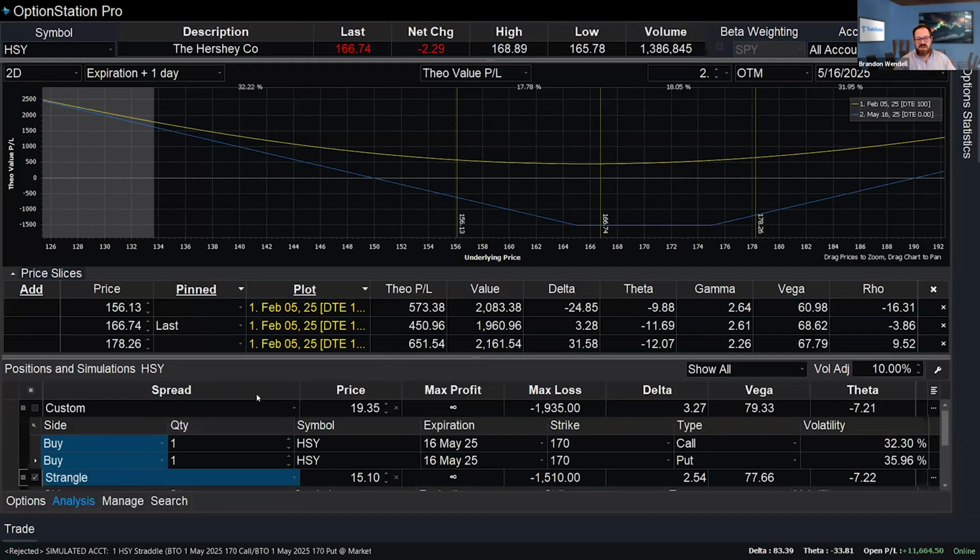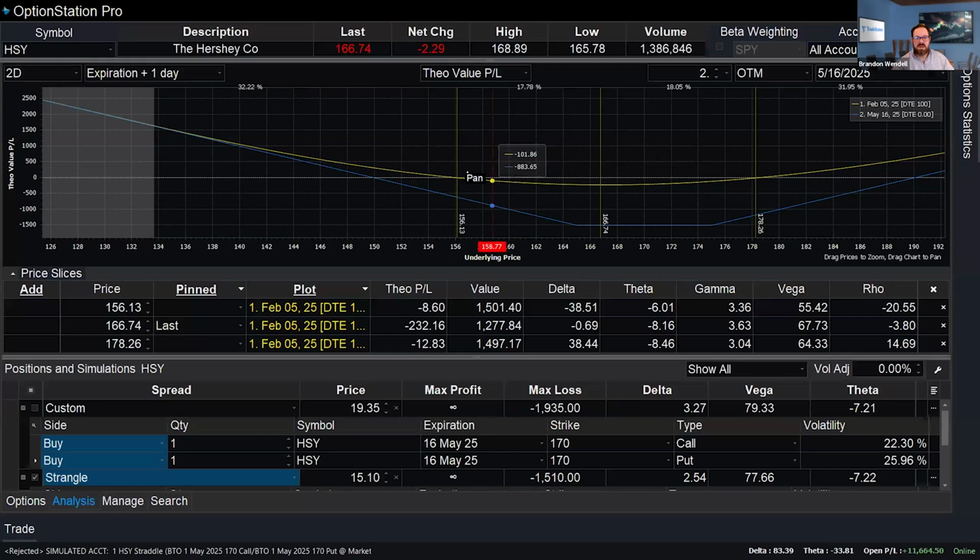First of all, the break evens would probably be different. If I take it without the 10% to where we are currently, it's slightly different. As you can see, this is actually a slightly losing position, so my break evens are going to be further out.